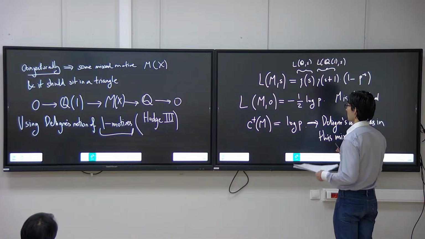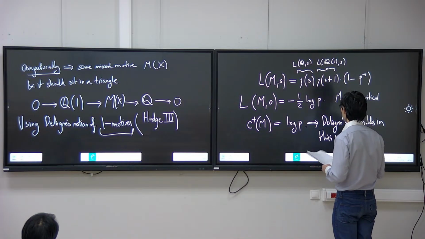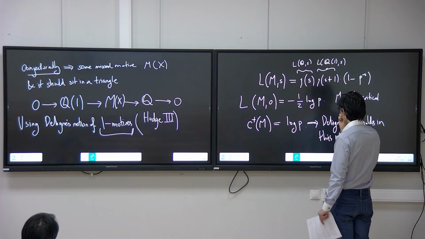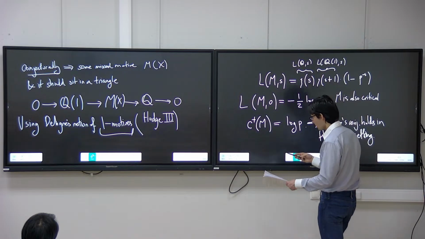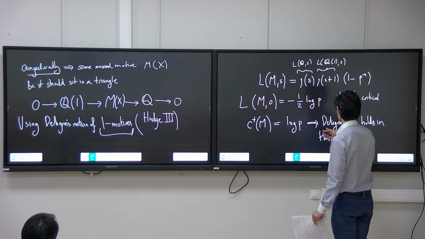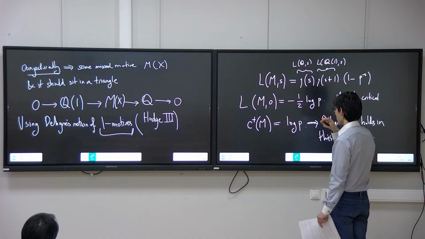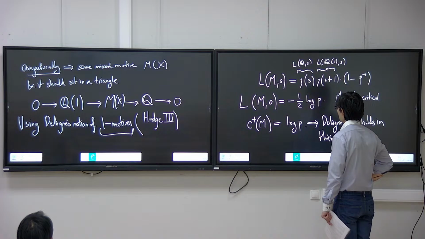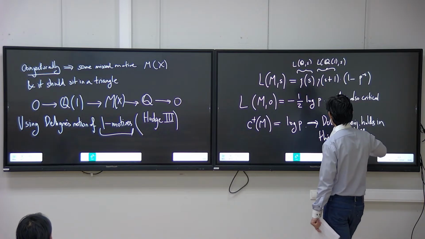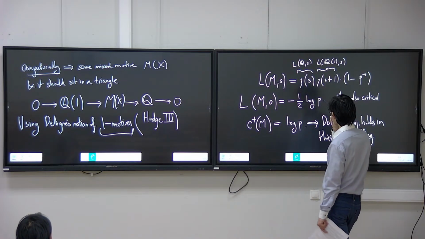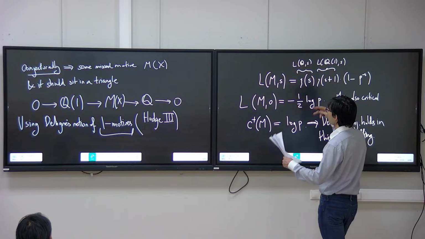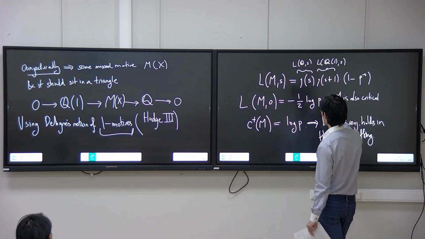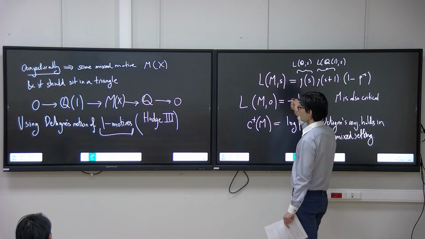And apparently, in the theory, which I'm not too familiar with, this causes a problem in having some hope of proving Deligne's conjecture in the mixed setting. So people look at Deligne's conjecture for a subcategory of mixed motives which satisfy this decomposition property.